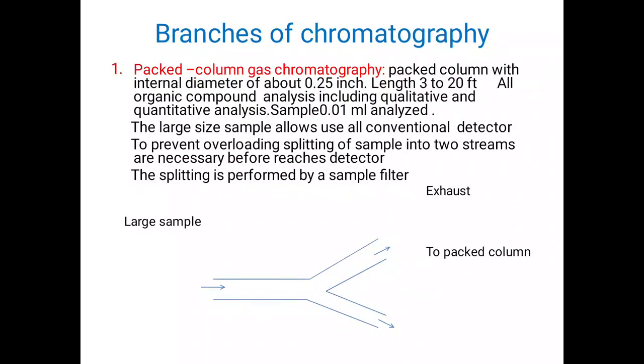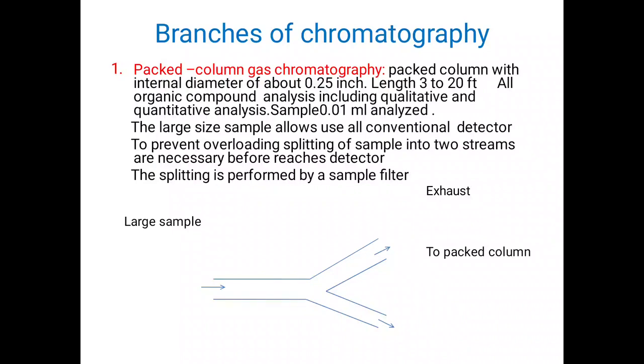It is used for all forms of organic compounds, for both qualitative and quantitative analysis. The resolution is reasonable but not excellent. A sample of about 0.1 ml is analyzed using this method.